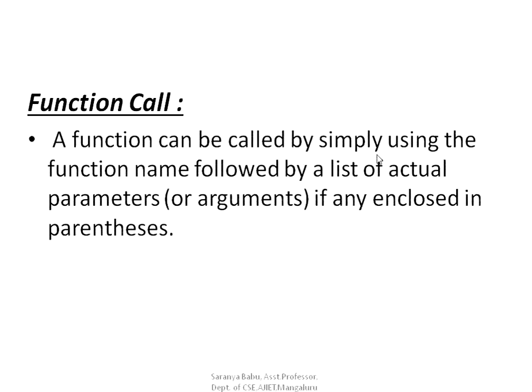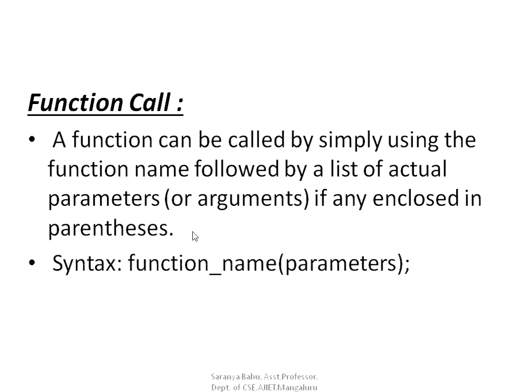A function can be called by simply using the function name followed by a list of actual parameters or arguments, if any, enclosed in parentheses. If parameters are there, you have to pass values to those parameters. I will teach you how to pass the values to those parameters later.